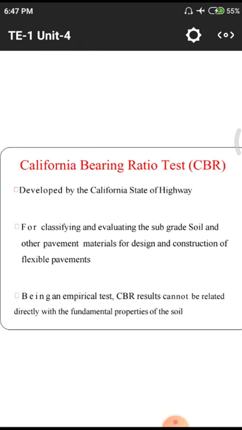Means the properties of a particular test are not related to the properties of soil. Some modifications may be required while you calculate this CBR test.